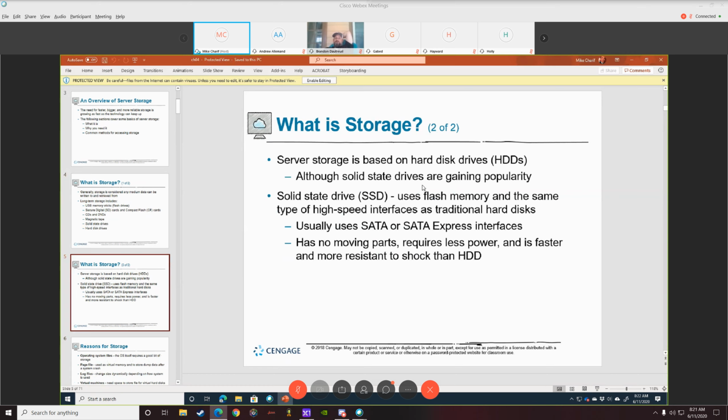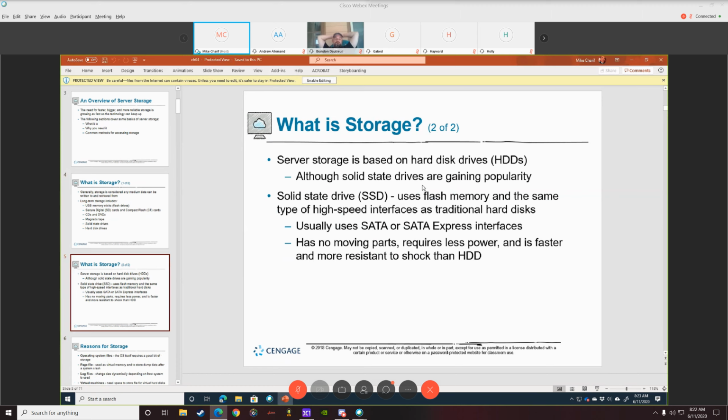Does it require less power or more power? When you have mechanical parts, you have to move the mechanical parts. What do you need? You need more power. With the SSD, you need less power. So it's not only performance, not only is the SSD a lot faster than the hard disk, you also save on power.